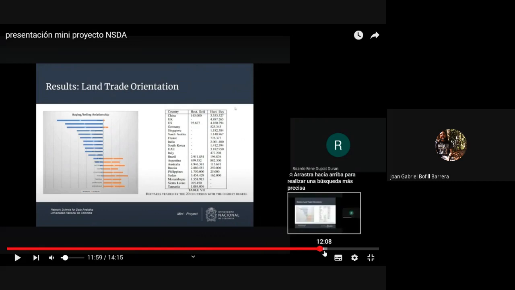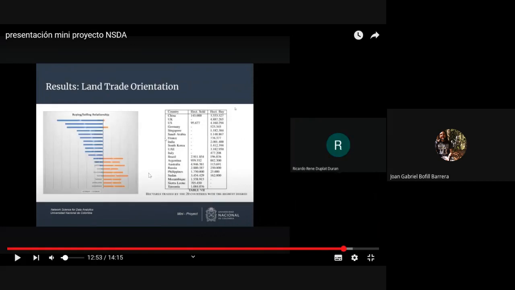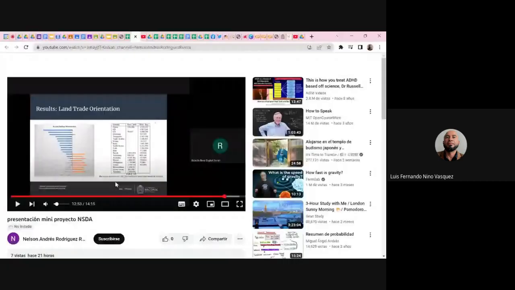So maybe the trends were very deep, and the richest countries bought land from the poorest countries, and that gives the same first 20 countries in terms of amount of transactions. When we take into account the hectares, the order changes, but anyway the 20 countries remain on top.